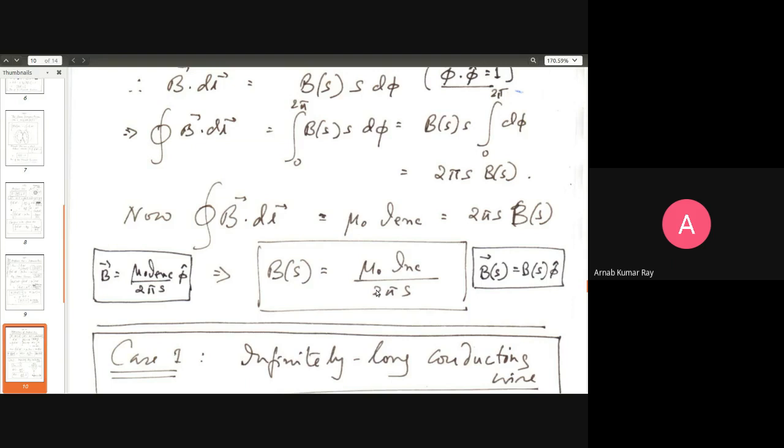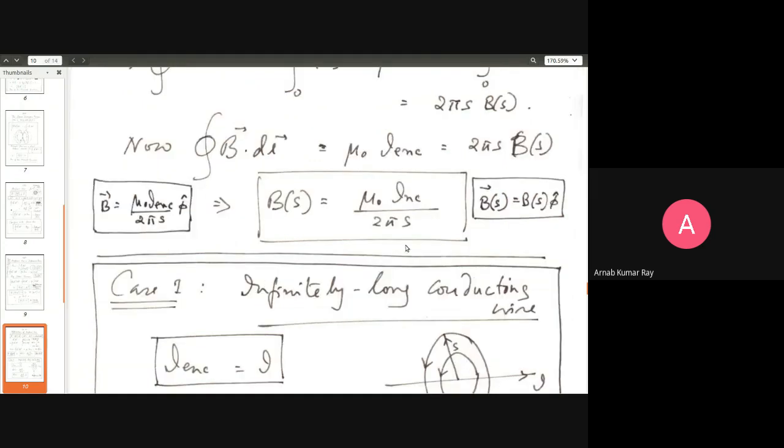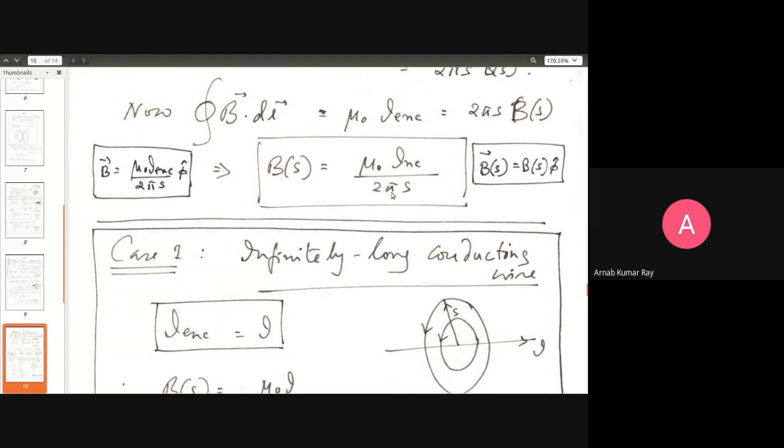So it is here also that what we shall do is to find mu naught into I enclosed divided by 2 pi s. This will be the basic formula that you will use all the time. And the task will be just for you to find what is the current enclosed. As soon as you have the current enclosed, everything else will follow.